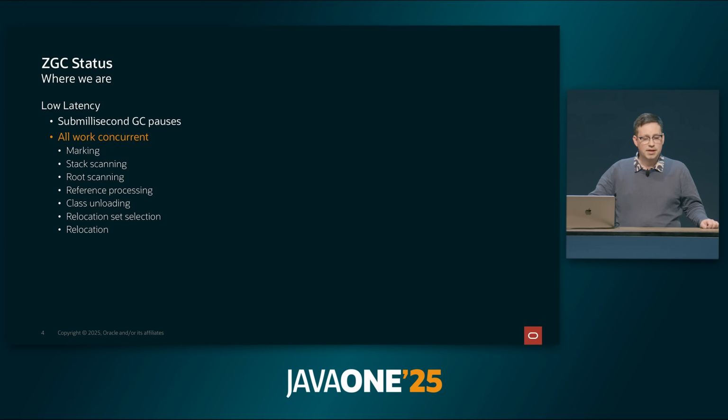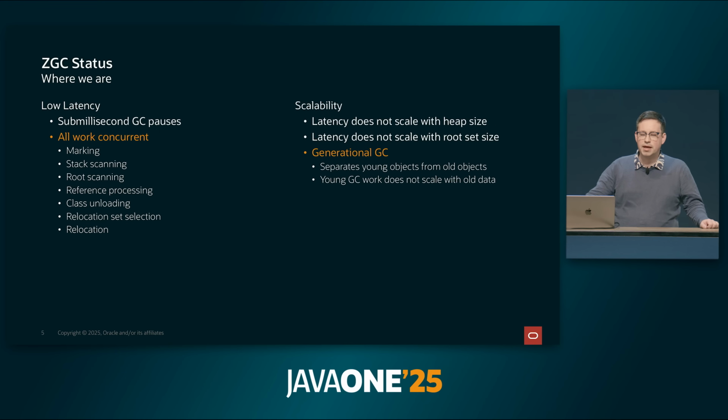So that's pretty cool. In terms of the second goal, scalability, things are, again, looking very well. The latency doesn't really scale with the size of the heap, and neither does it scale with the number of roots. So if you have lots of threads, the GC pauses do not increase.